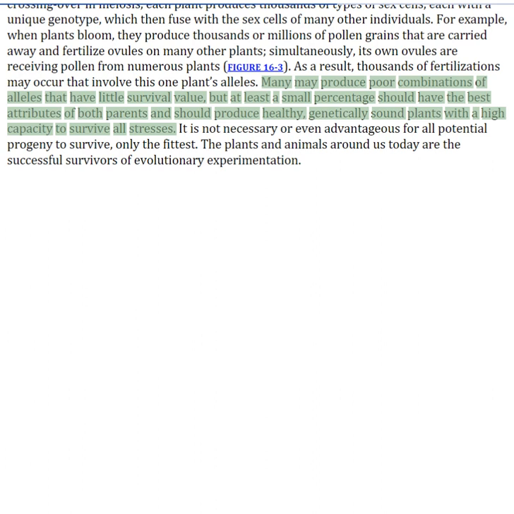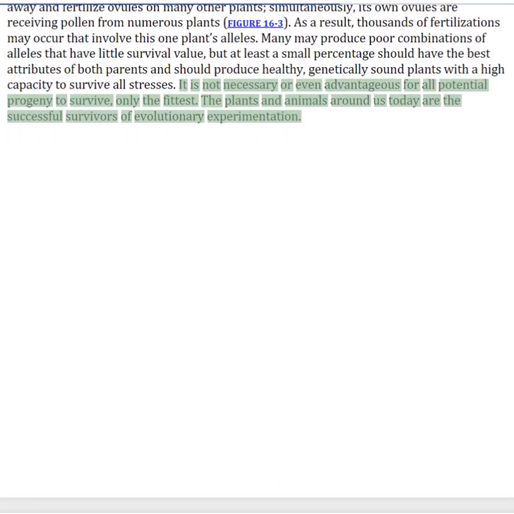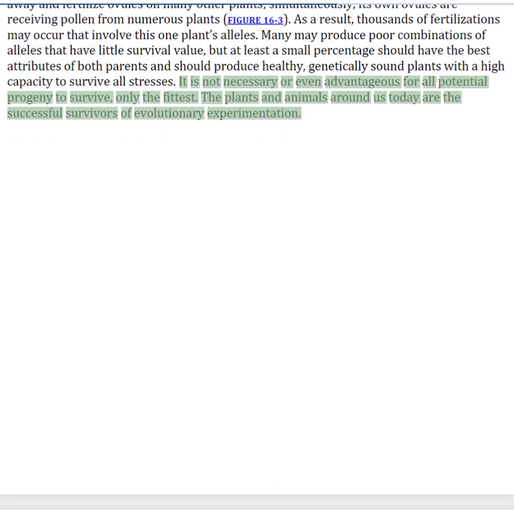Many may produce poor combinations of alleles that have little survival value, but at least a small percentage should have the best attributes of both parents and should produce healthy, genetically sound plants with a high capacity to survive all stresses. It is not necessary or even advantageous for all potential progeny to survive, only the fittest. The plants and animals around us today are the successful survivors of evolutionary experimentation.